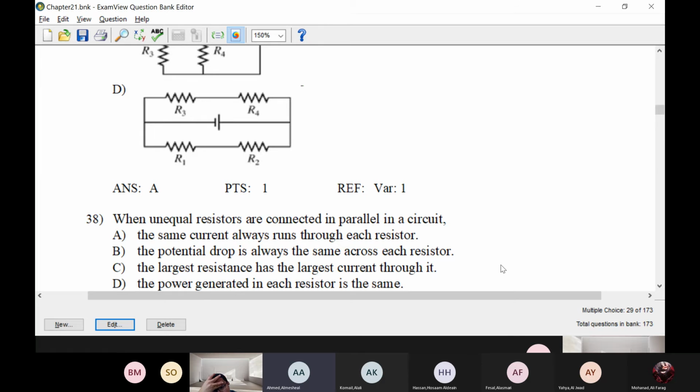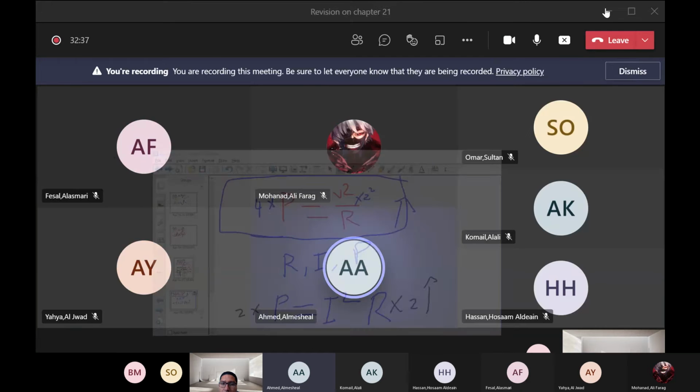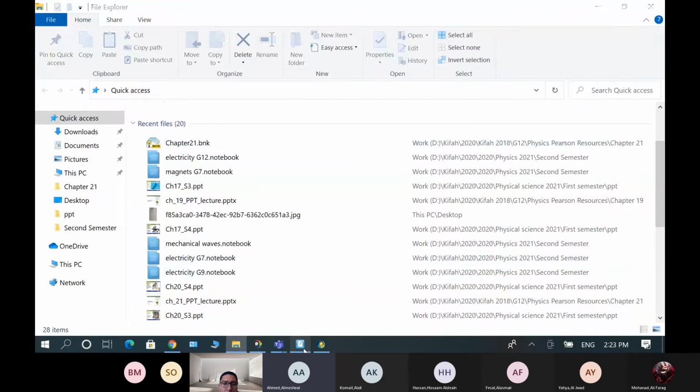Is it A, the same current always runs through each resistor? No, not A, because they are unequal. If they were equal, you would have the same current running through each one of them. But the resistors are not equal.